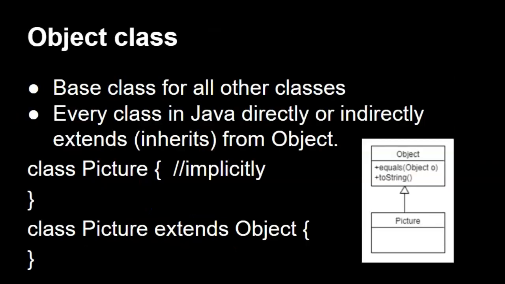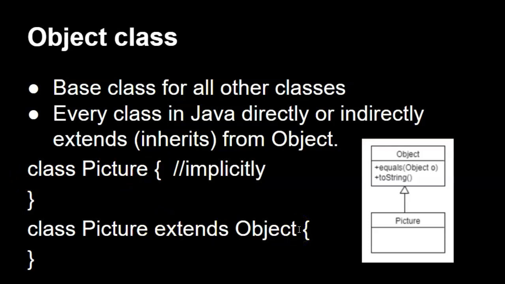The object class, a very important class in Java, the base class for all others. And in this diagram, picture extends from object. So picture is a object, although object is so general a term it doesn't necessarily make sense. But this is an inheritance relationship. And in Java, if you just say class picture, it implicitly does the extends object for us.